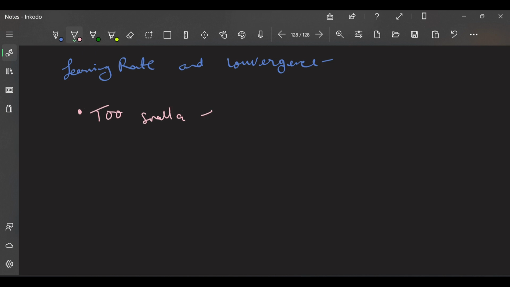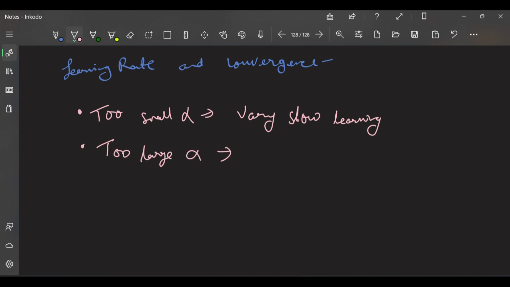If alpha is too large, then there is overshooting, or it may never converge.